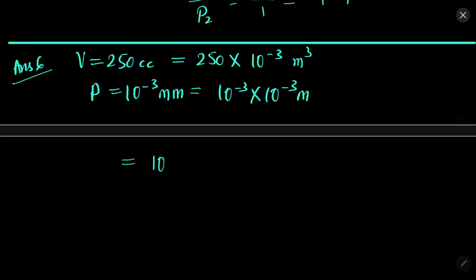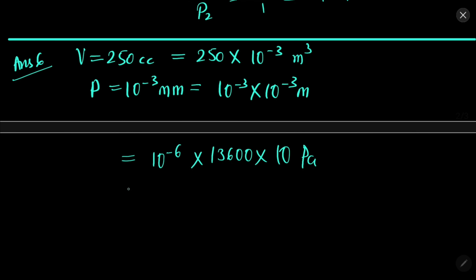So it will be 10 to the power minus 6 into 13600 into 10 Pascal. So pressure will come out to be 136 into 10 to the power minus 3 Pascal.